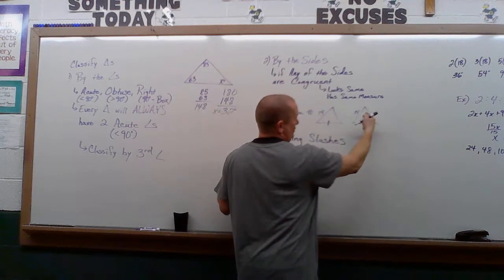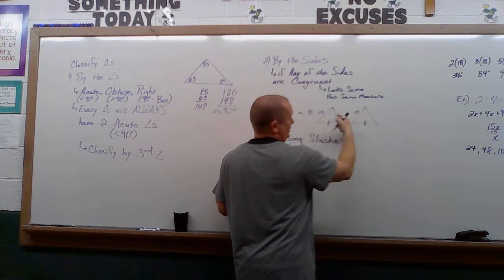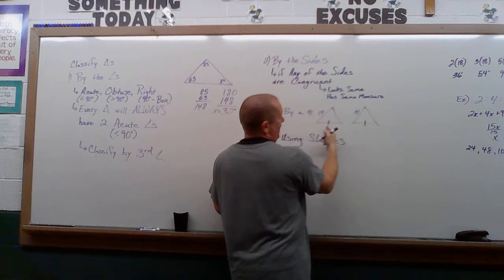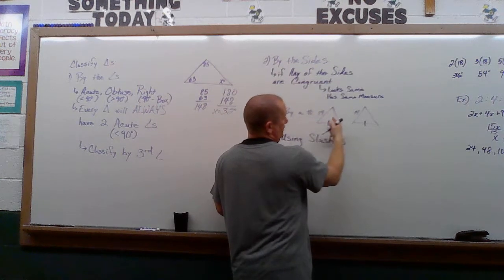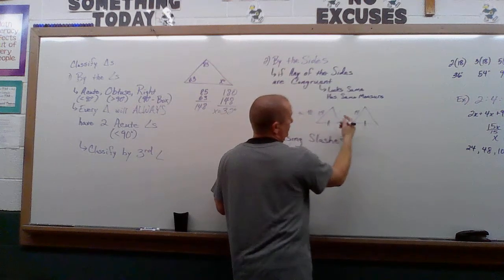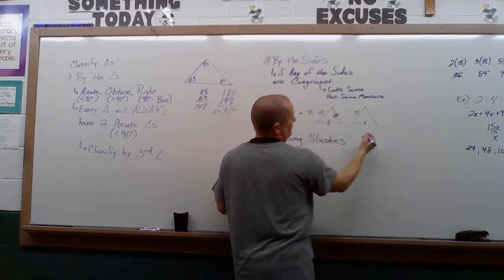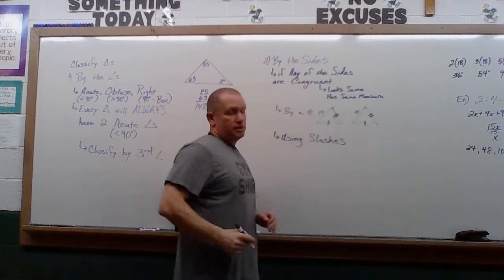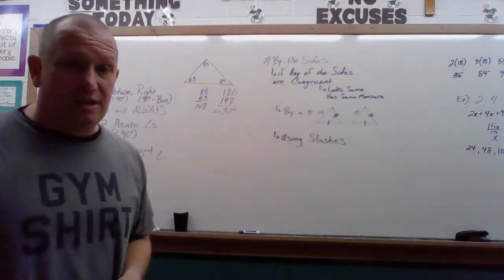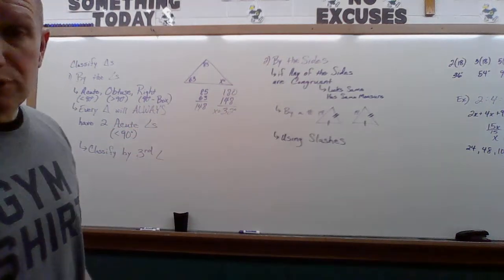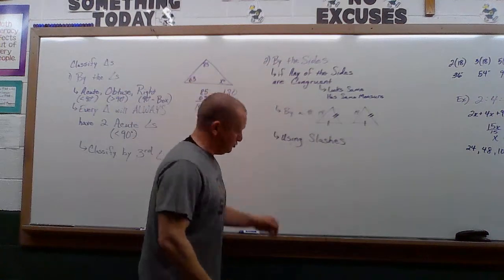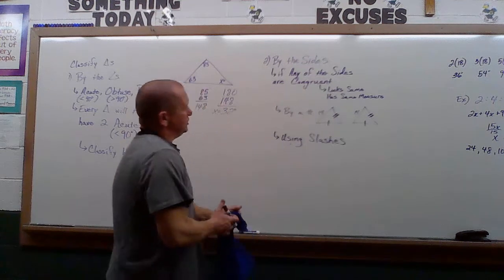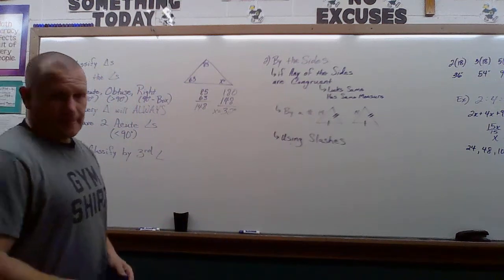Now, if we want the third side to be congruent but different from the first two sides, we're still going to use slashes, but we're just going to use 2 slashes. And then realistically, you could also use 3 slashes on the last side, but we use numbers. So it's just a different way of doing that.